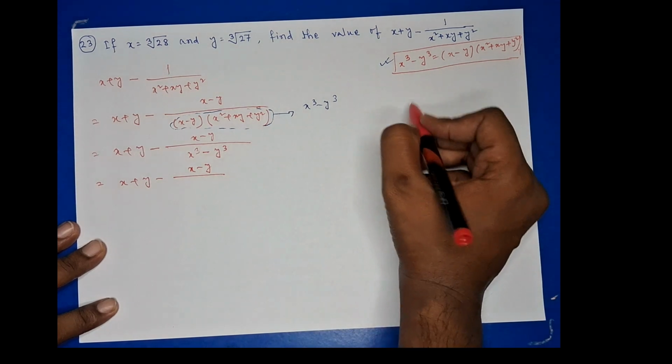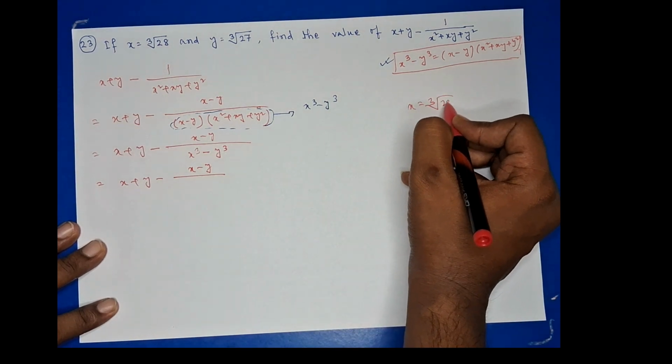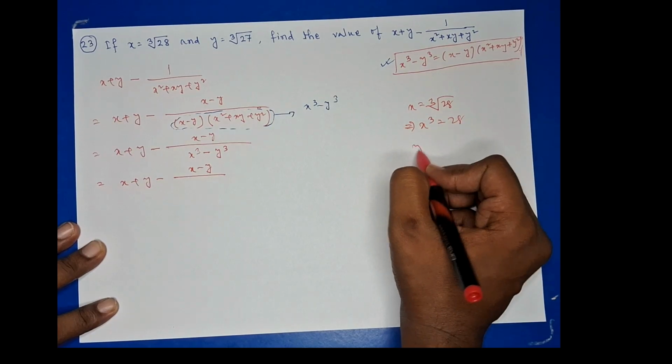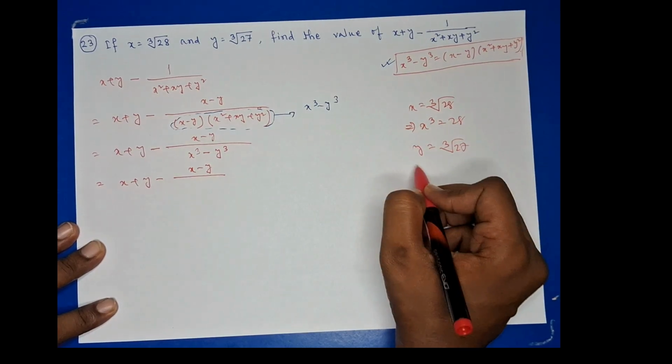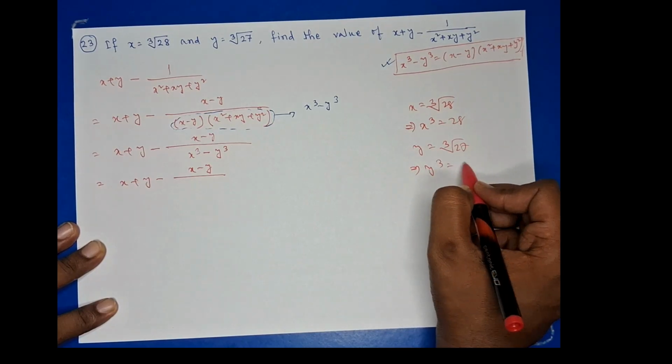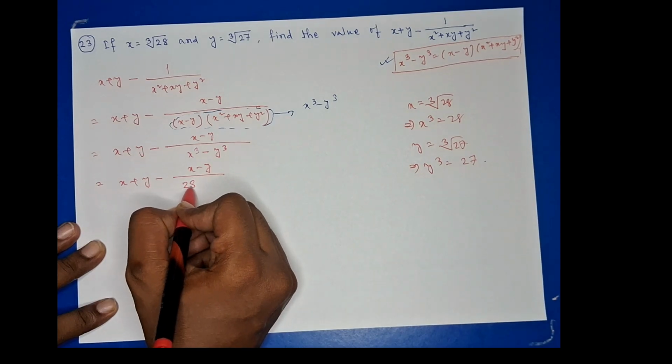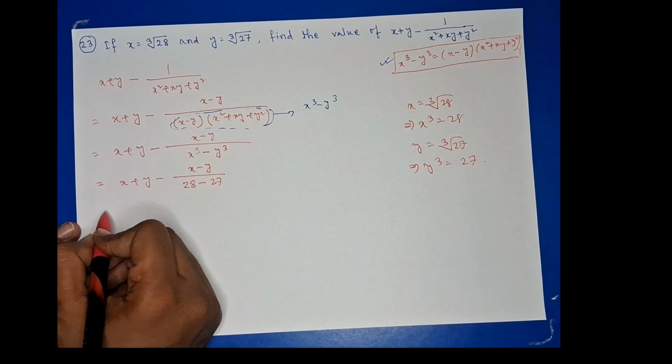now let us put the value of x cube minus y cube. x is equal to cube root of 28, that means x cube is equal to 28, and y is equal to cube root of 27, that means y cube is equal to 27. So x cube is 28 minus y cube is 27.